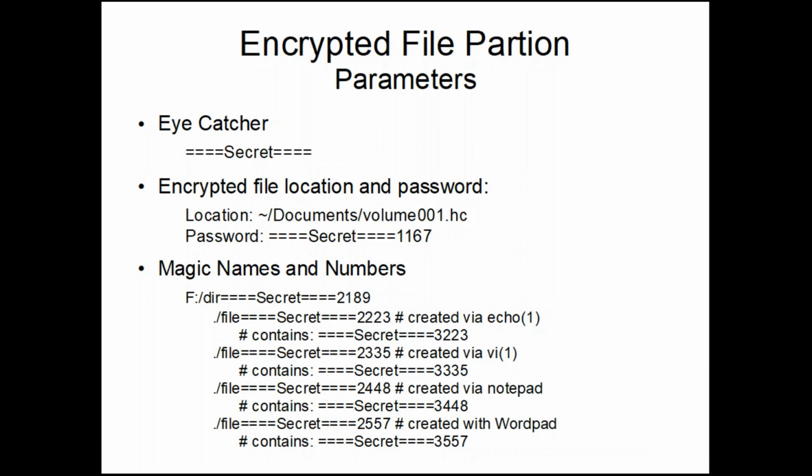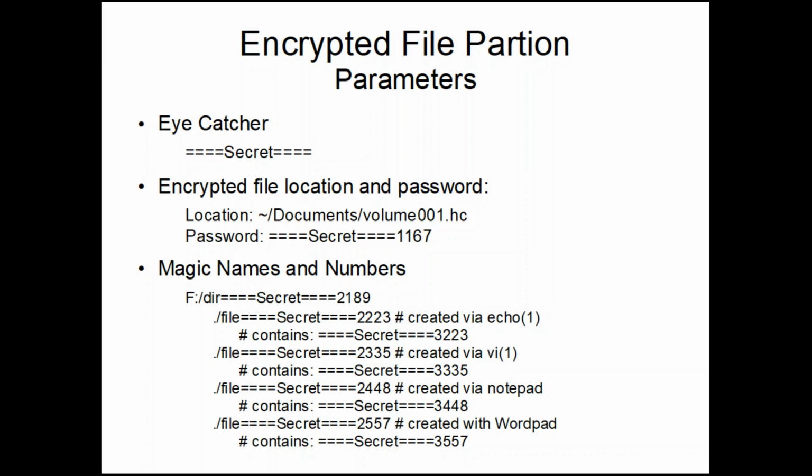Within that directory, I'm going to create 4 different files through 4 different tools. Each of the files is going to start with the word file, then have the eye catcher for a secret, and then a random magic number to identify that file. Each of these files is going to contain a different secret.